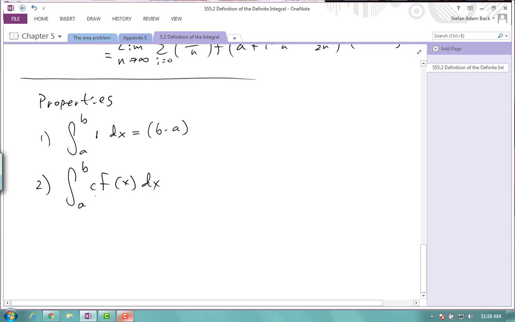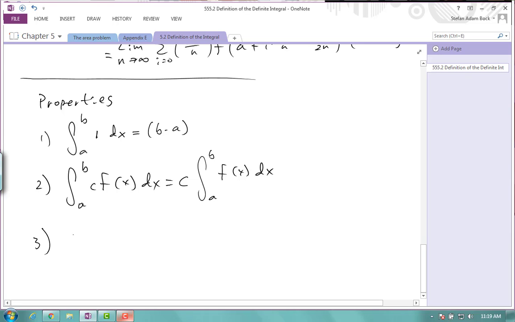If I have a constant multiple of a function and I'm trying to take the integral of that, then this is going to be the same thing as a constant multiple on the outside times the integral. And this basically works simply because the integral is the same thing as a summation, which is just a sum of things. So this is kind of like factoring the c off of every term.